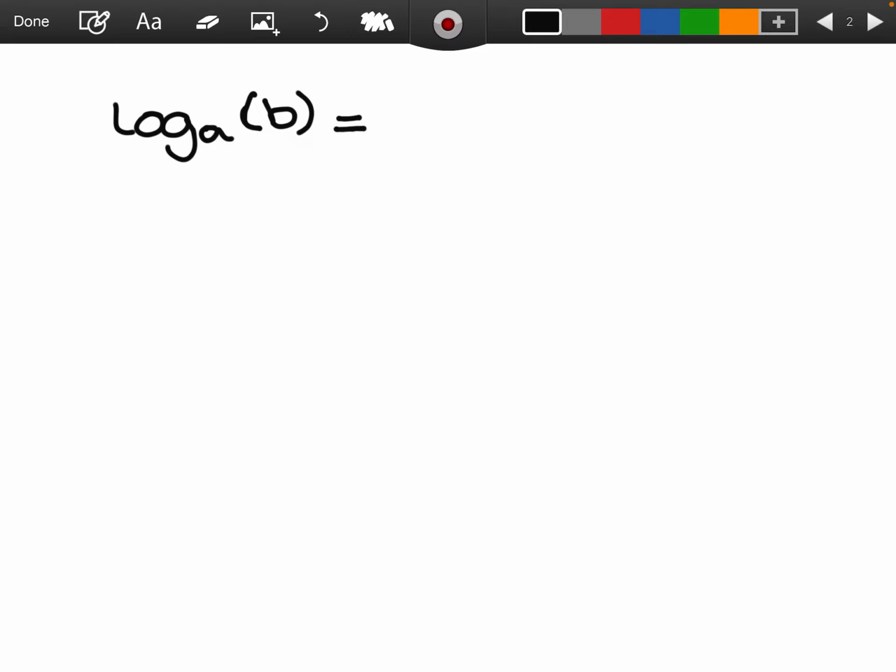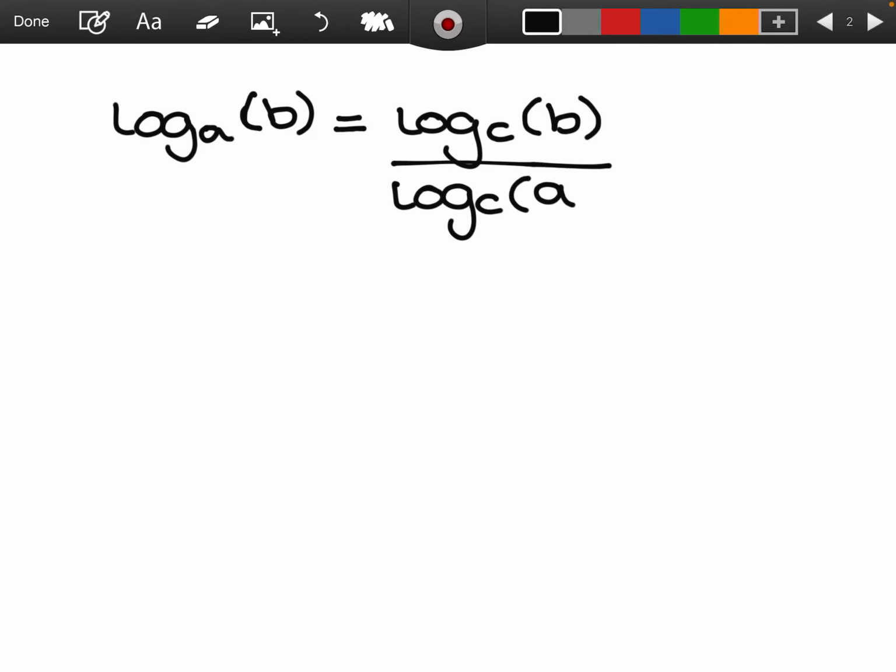Let's say that you want to write this as log base c. So c could either be 10, it can be e, it can be another value that you have. This is equivalent to saying log base c of the argument b over log base c of the argument a.